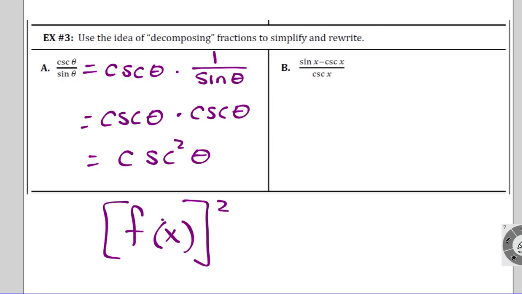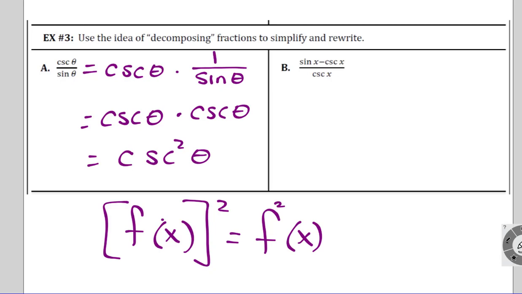And I'll give you a hint before you answer. Remember, f of x is a y value, right? It's already a y value. So in order to square it, I'd have to say f squared of x. I mean, we don't really write it that way, but it's not the x that's being squared, it's the f. And so here we got cosecant squared.